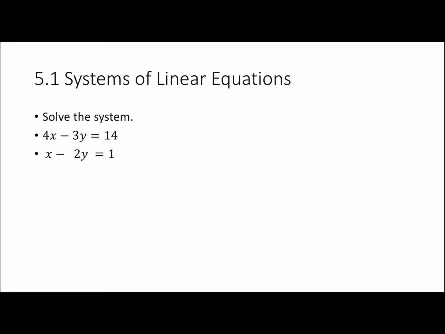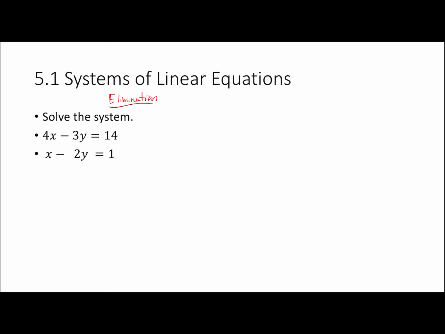So when we solve the system of equations, again, we're going to use the elimination method. You may want to write that down somewhere. I'm going to use this method for all of the equations we're going to solve. The way this works is you take one of the variables, you pick which one, doesn't matter, x or y, and you want to get rid of one of those variables.